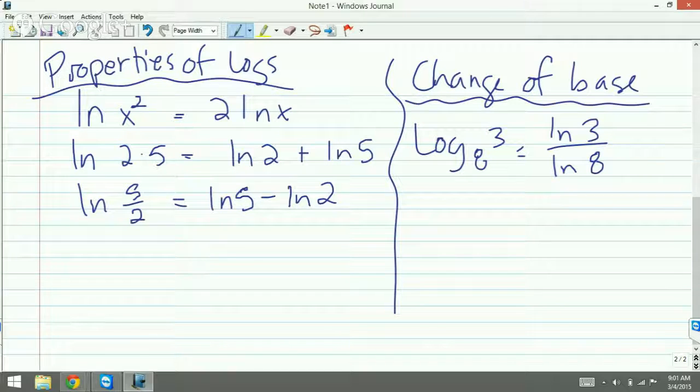Okay. But you can do that on your calculator. Most new calculators have the base 8. You can do it now too, but you can use the change of base formula. Okay. What is that value? 0.583. Yeah, that sounds about right.